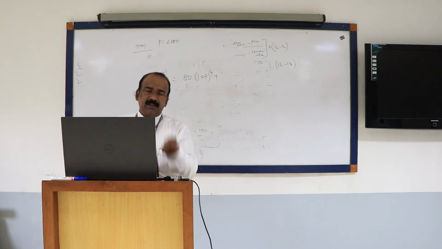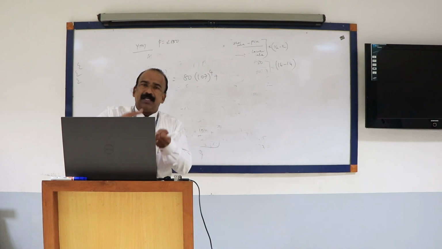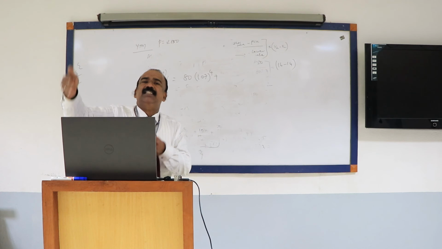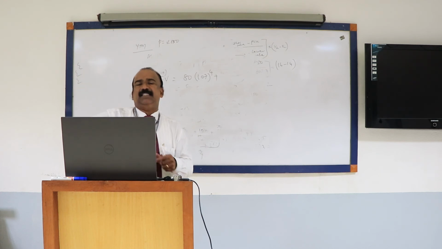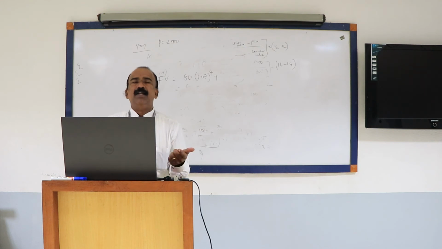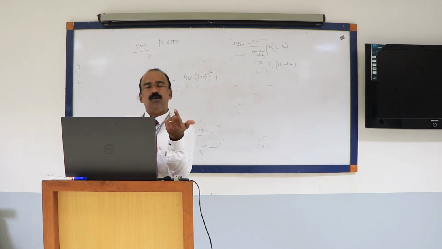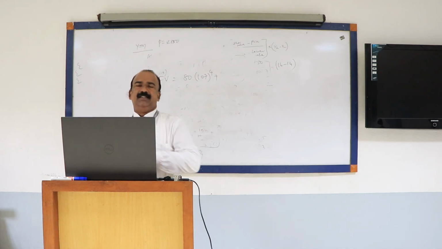The 80 rupees you receive after 1 year, you reinvest in another bond which gives 7%. That is 1.07. How do you get 1.07? 1 plus 7 by 100, that is 0.07. So 1.07 power 4. Why power 4? Because he is reinvesting for 4 years.